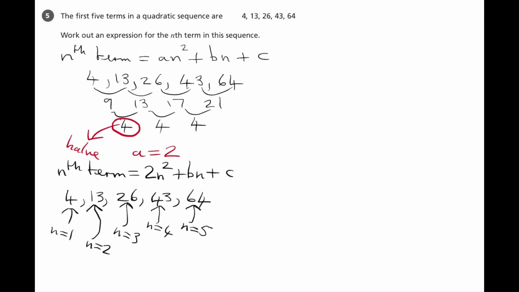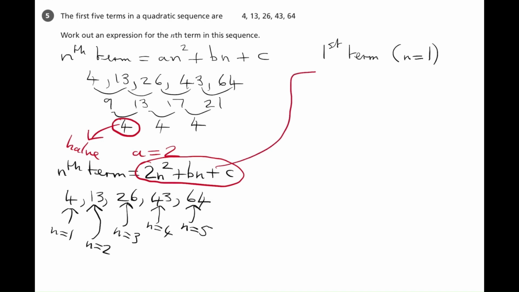To do this, we first look at the first term in the sequence. So this means we're using the value n equal to 1. We take the nth term formula and we substitute n equals 1 into it, and this will give you the first term.